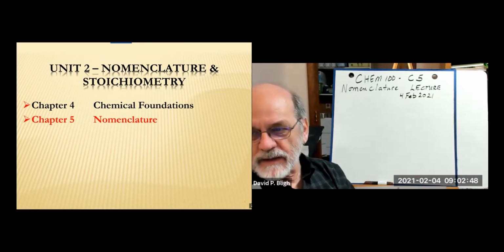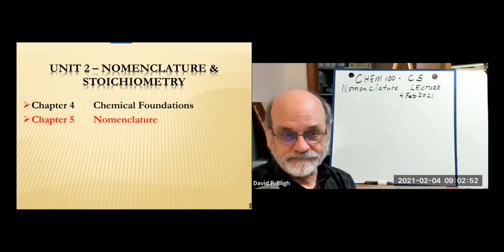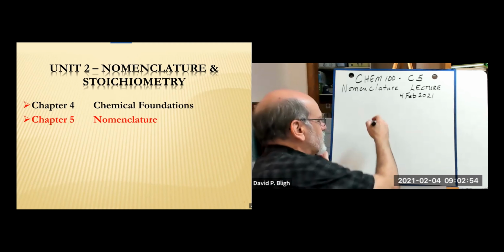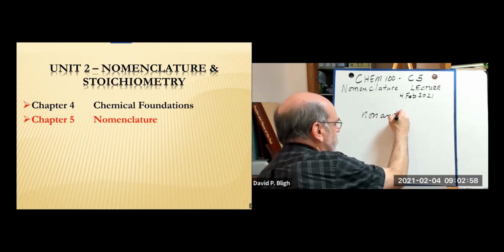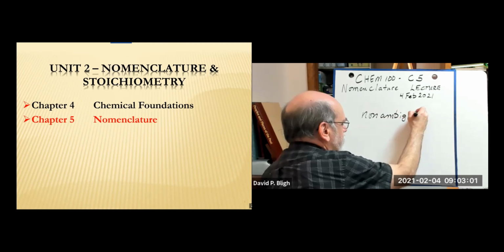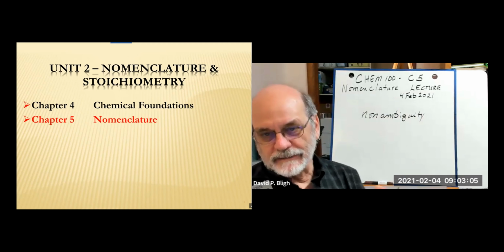And the key word to keep in mind when we're discussing nomenclature is this. Non-ambiguity.